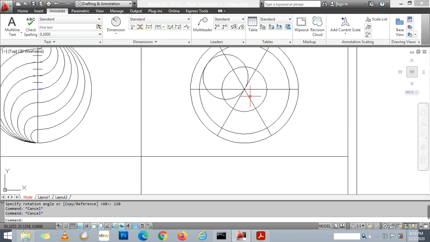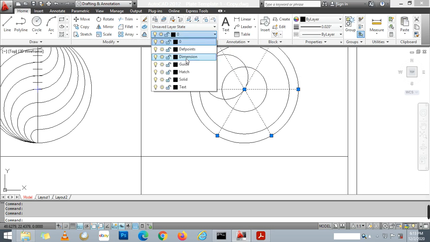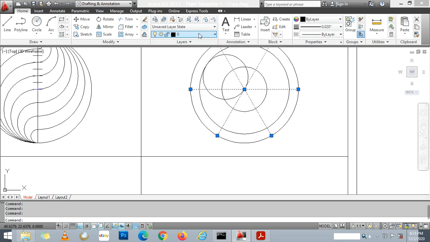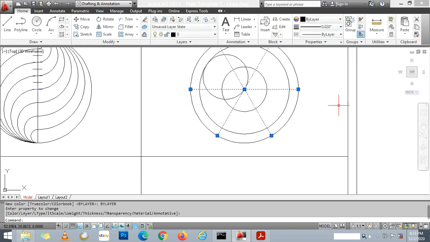Okay, that's it. Then I will just change the color of this to gray.